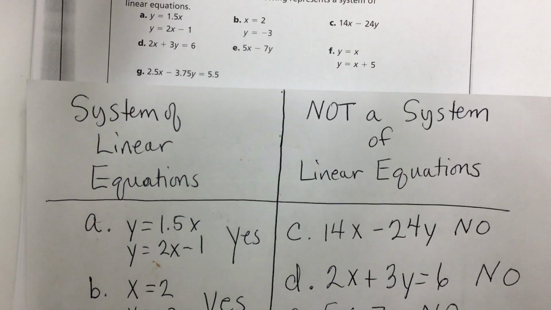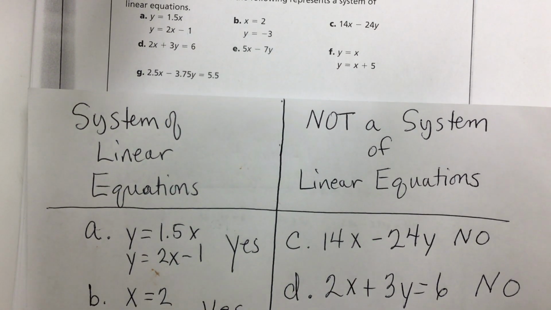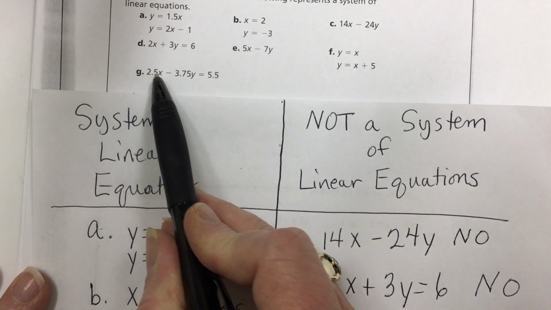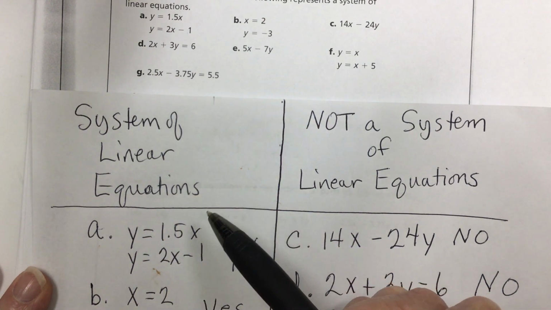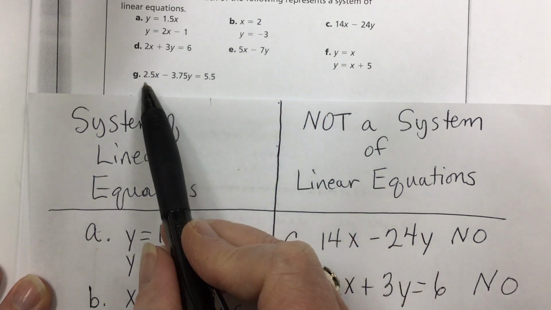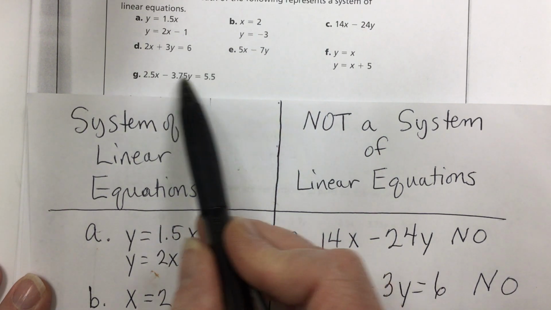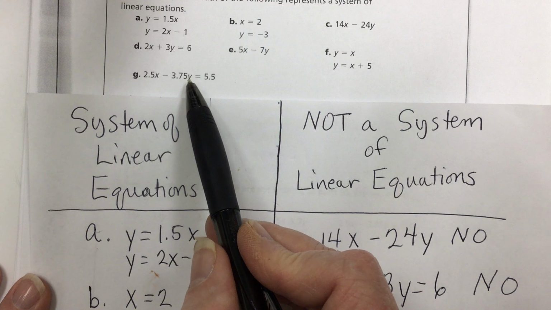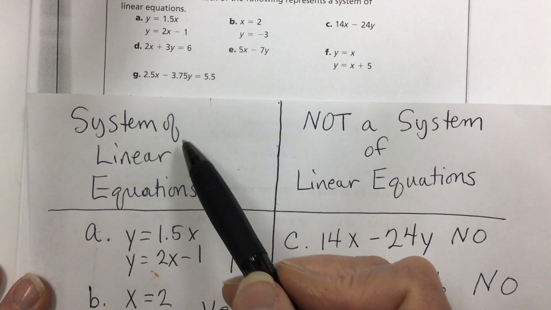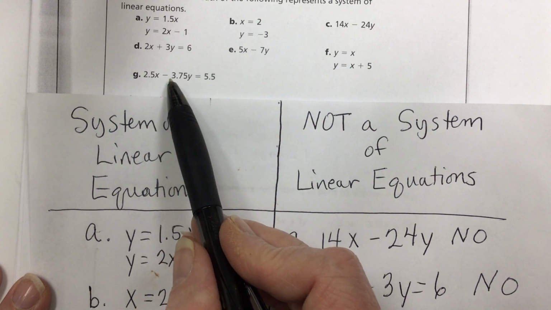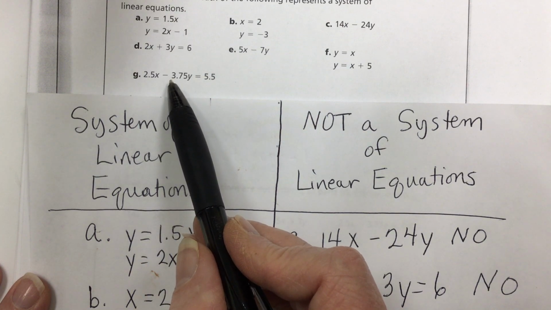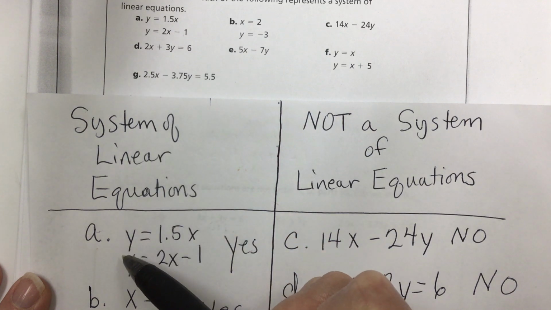And looking at G, the last one. G is 2.5x minus 3.75y equals 5.5. This is a linear equation. The x and y are on the same side. They're raised to the first power. They're added or subtracted. So as long as they're added or subtracted, it would be a linear equation. Both the x and y are raised to the first power.